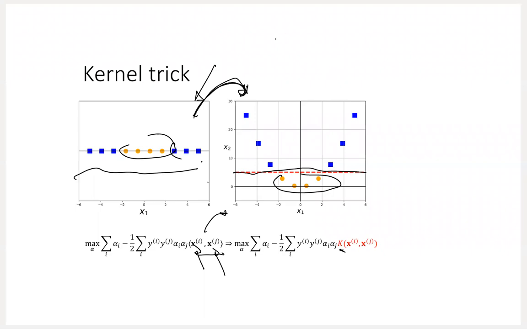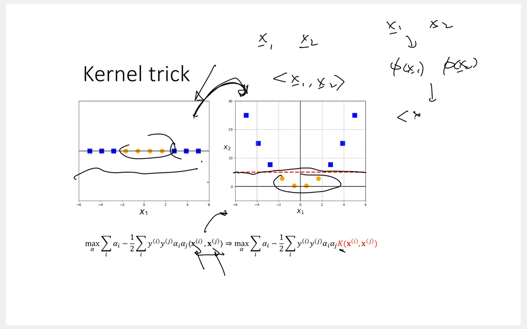That means in reality, okay, let me start from here. Let's say I have x1 and x2 here. Since I only need to know the inner product of x1 and x2, if I project to high dimensional space, I should have x1 mapped to some phi(x1), and x2 mapped to some phi(x2) in high dimensional space. Then I find the inner product of phi(x1) and phi(x2). These vectors can have infinite dimension, like n by 1 where n can go to infinity.